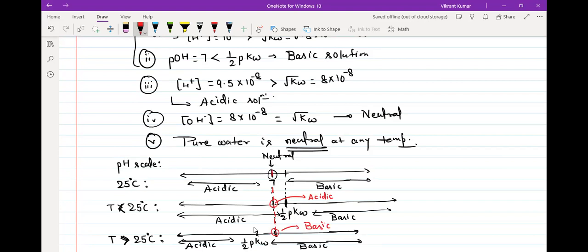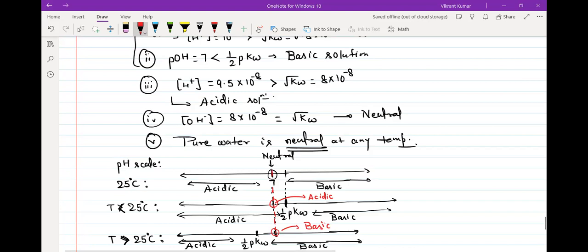If we are working at 25 degrees C, we say pH equals 7 is neutral. But if the temperature is not equal to 25 degrees C, if it is less than 25 degrees C, then pH equals 7 will become acidic because the half pKw value has become more than 7. And if I'm talking about a temperature greater than 25 degrees C, then half pKw has become less than 7, so pH equals 7 will become basic. Is it okay?